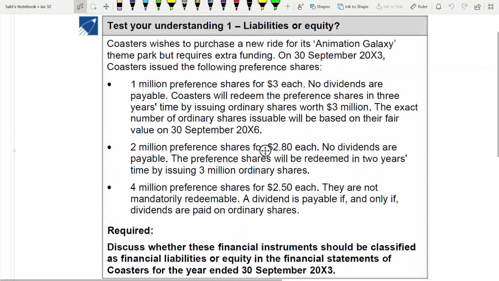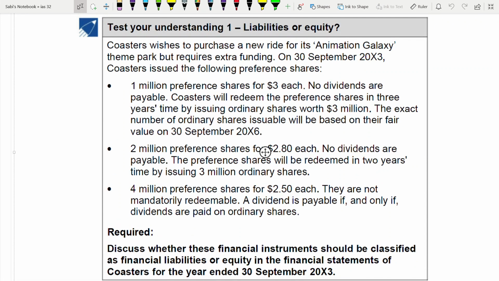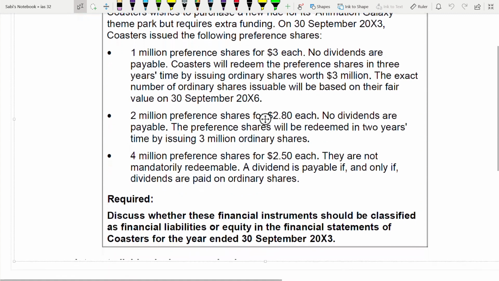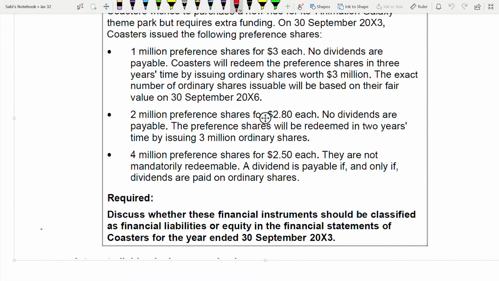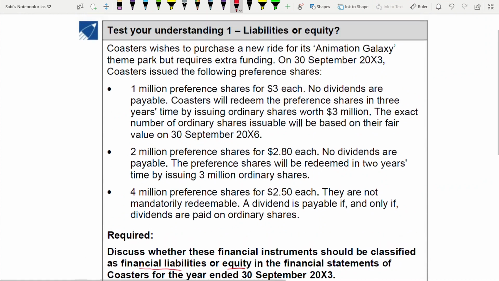Test your understanding 1. In this, you have been given 3 types of preference share, and you need to discuss whether they should be classified as financial liability or equity. Okay. So the first one is 1 million preference shares for $3 each.